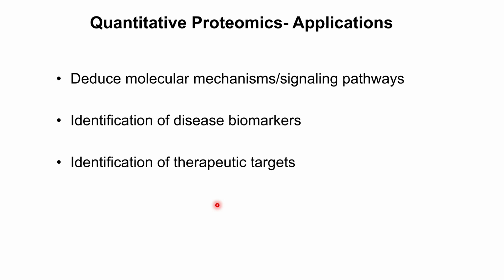Don't get attached to the data. You will do the bioinformatics on those 500 proteins to find out in which molecular pathways they are involved. So you will map the signaling pathways, and then you can say that 30 proteins are up in a particular pathway.